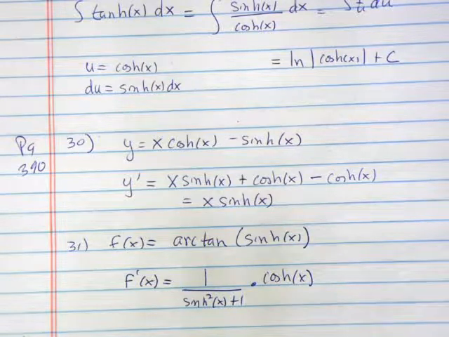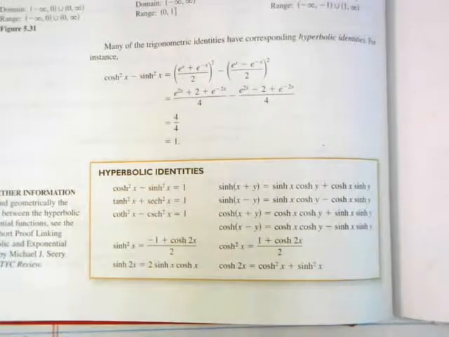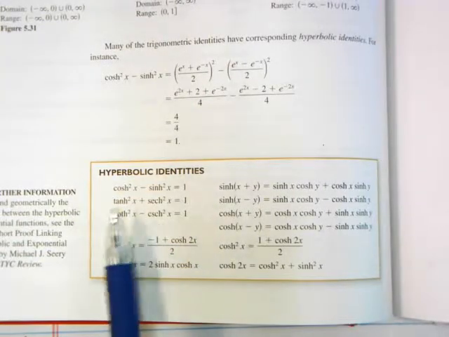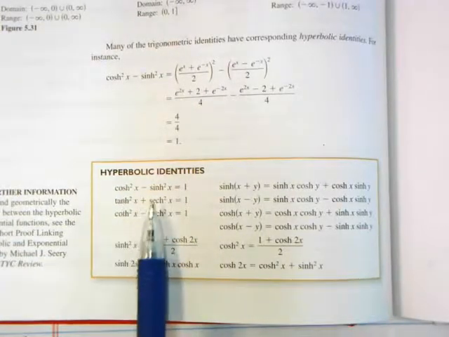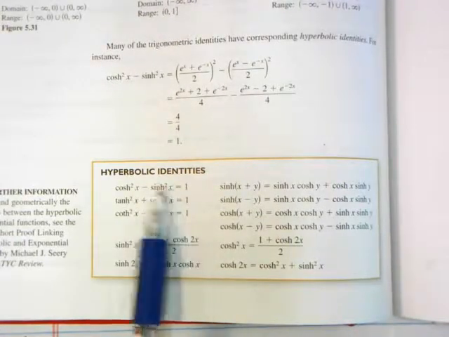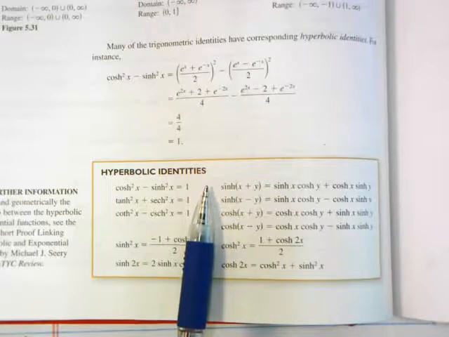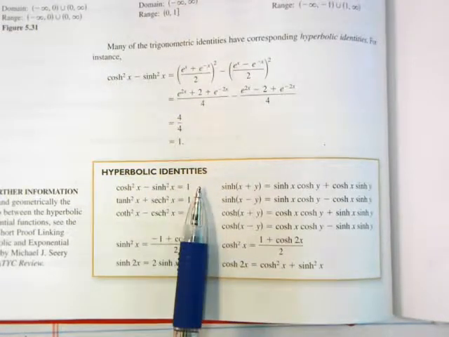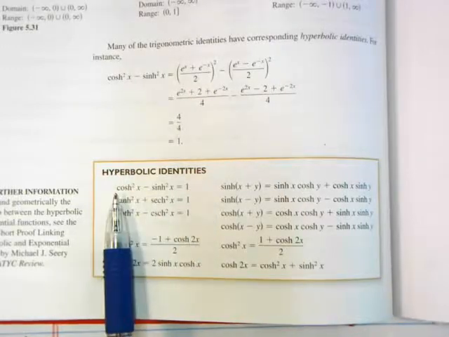Hyperbolic cosine squared minus hyperbolic sine squared equals 1. What if I were to move that hyperbolic sine squared over to the other side? I'd have 1 plus hyperbolic sine squared equals hyperbolic cosine squared, correct?